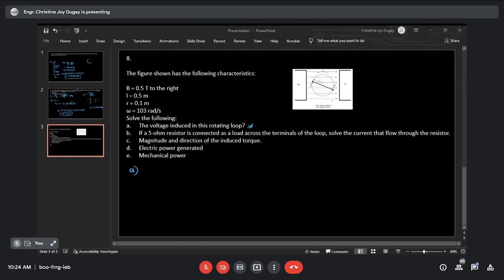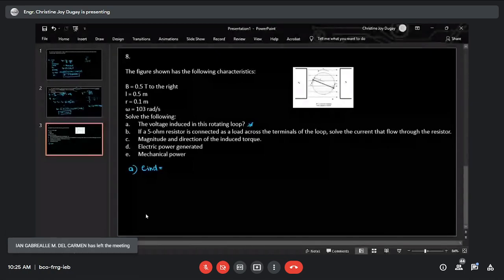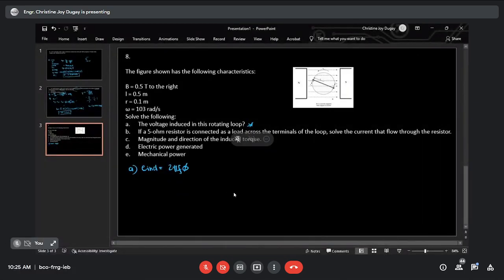Mr. Miguel, yung una nag-submit kanina: E induced is equal to 2 pi F flux.